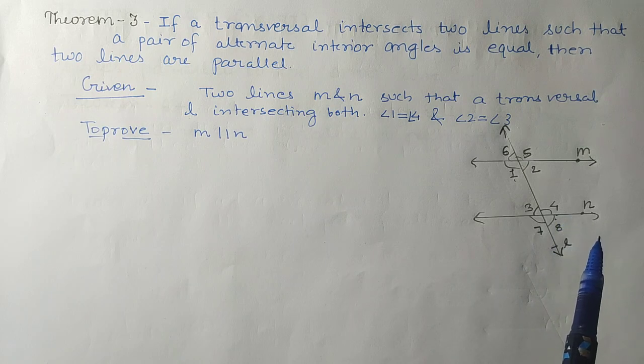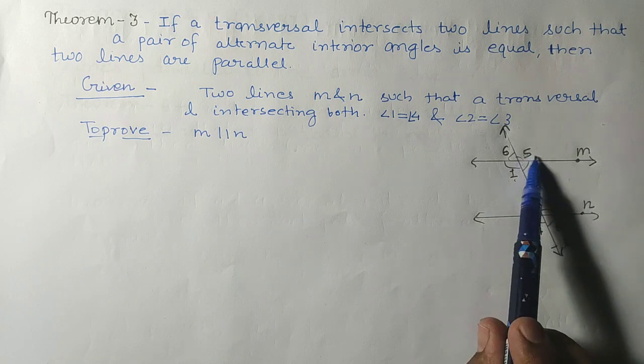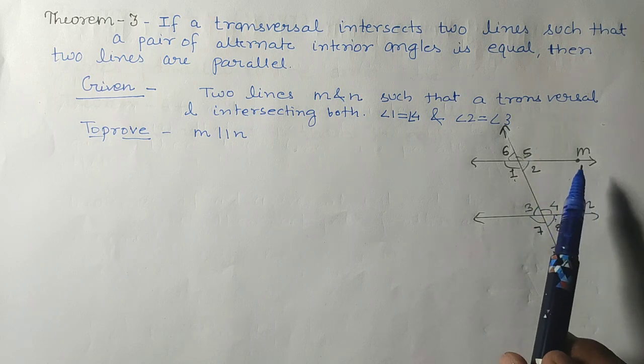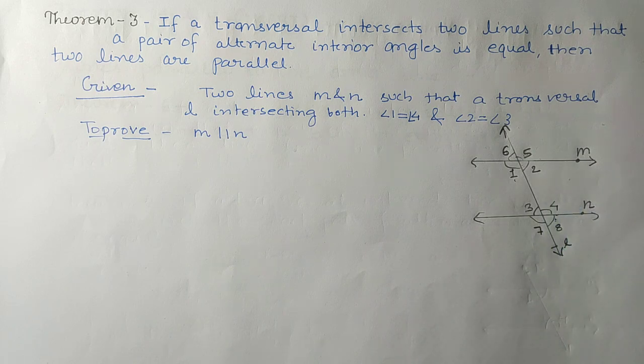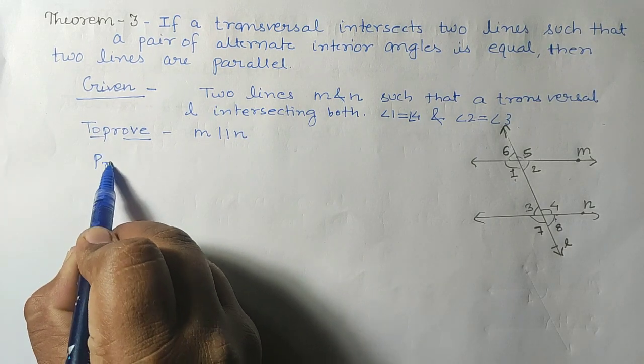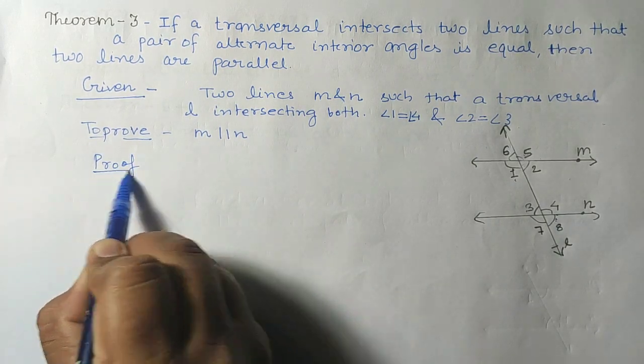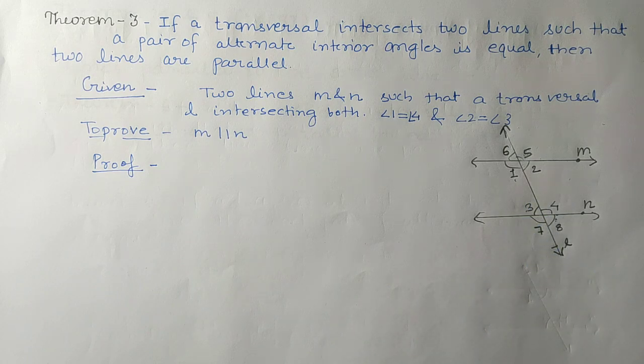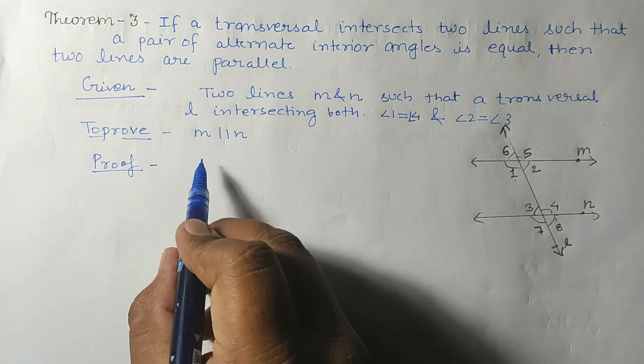So if we show that the corresponding angles here are equal to each other, then we can say that the line M is parallel to N. How will we show it? Let us see.